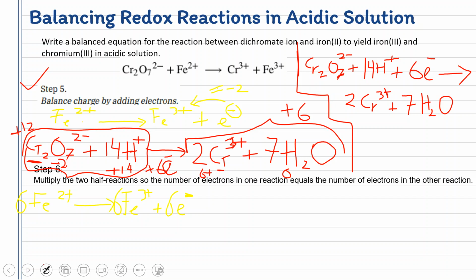So let's repeat our half reaction in red because we don't have to do anything to that.